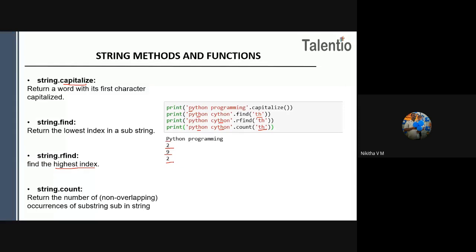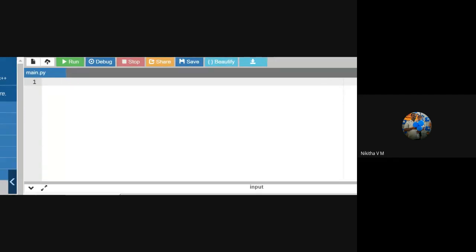Alright, so let us execute this particular thing. Let me share the compiler. Alright, so first we have string dot capitalize.